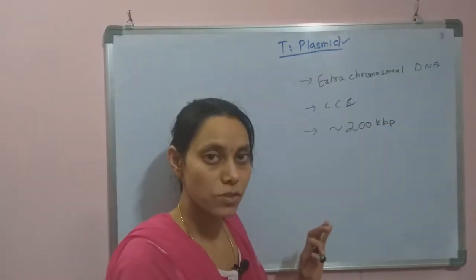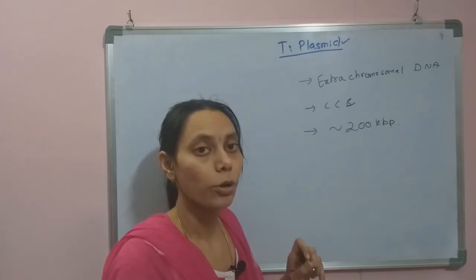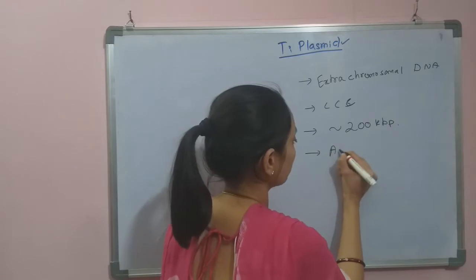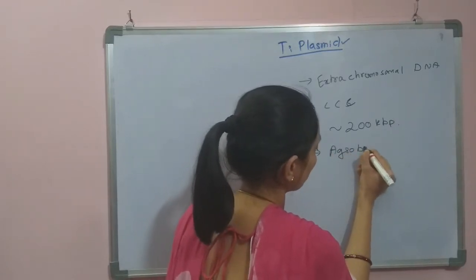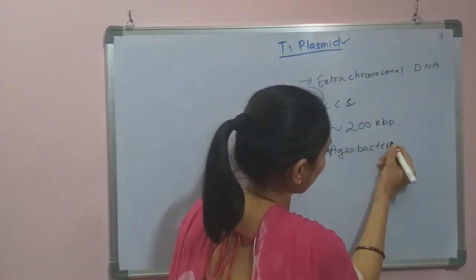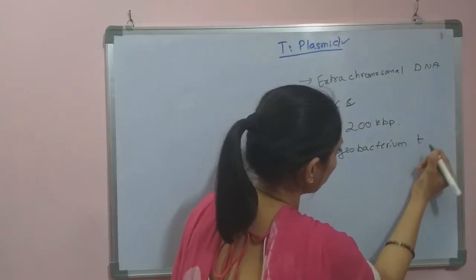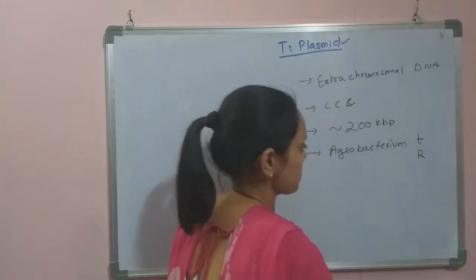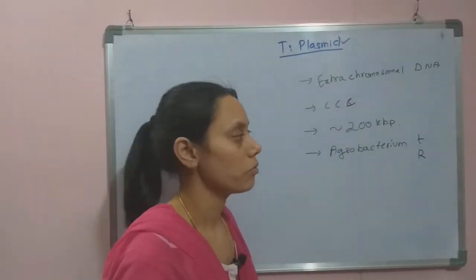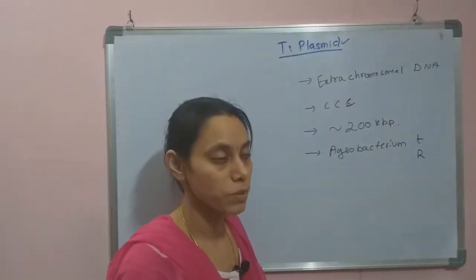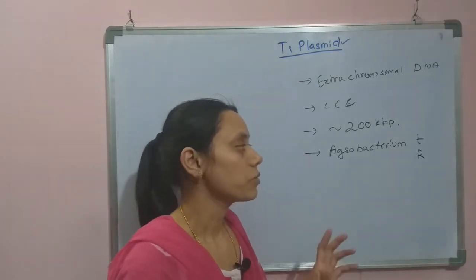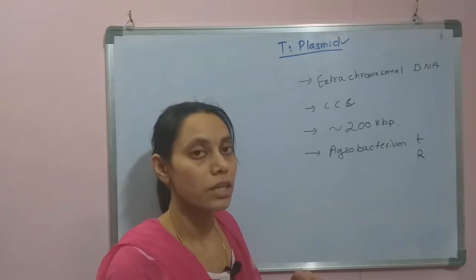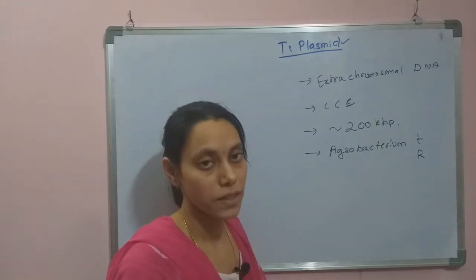Due to the presence of this TI plasmid in Agrobacterium species like Agrobacterium tumefaciens and Agrobacterium rhizogenes, which are the two bacteria very well reported with this TI plasmid, they are able to cause tumors inside the plant cells.